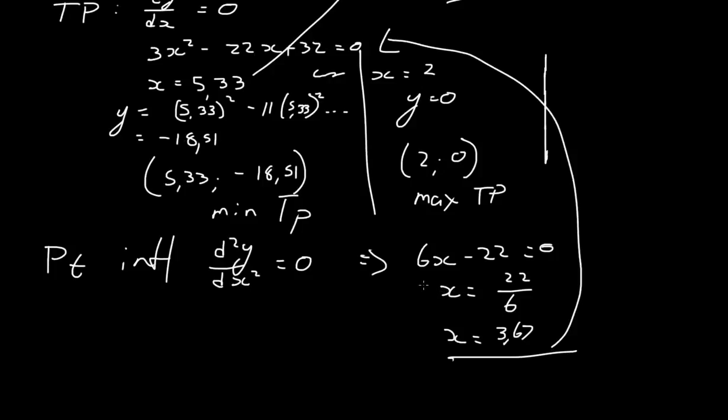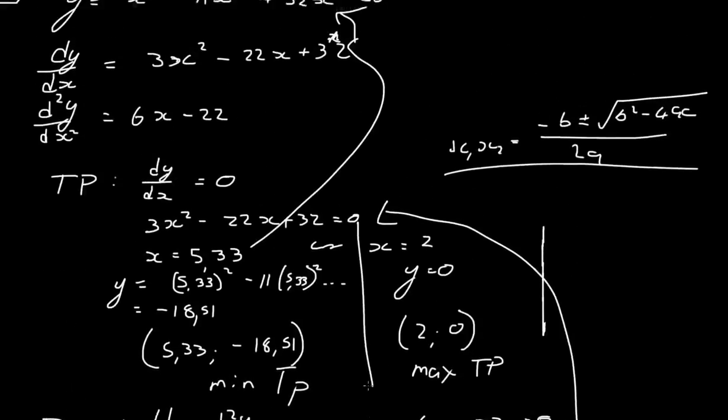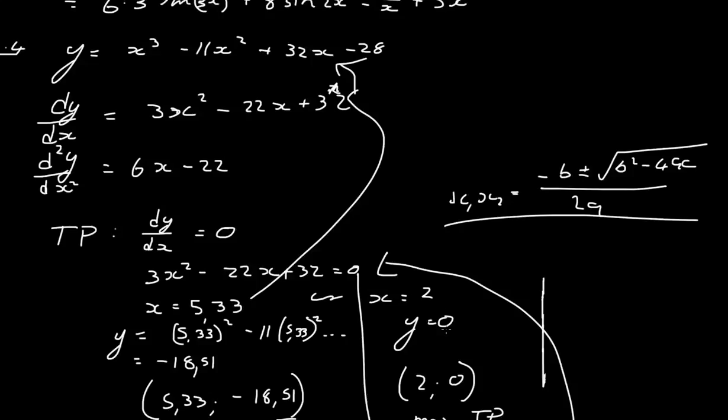I'm just going to pop it into my calculator. I'm not going to write it out. Our y value is equal to 3.67 cubed minus 11 times 3.67 squared plus 32 times 3.67 minus 28.